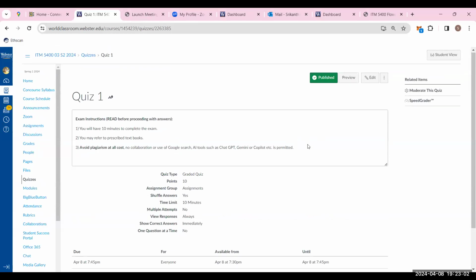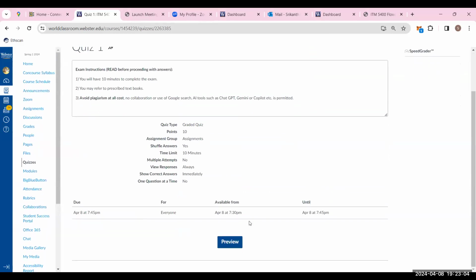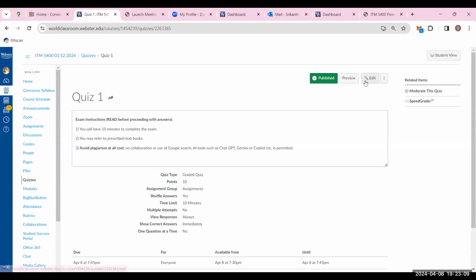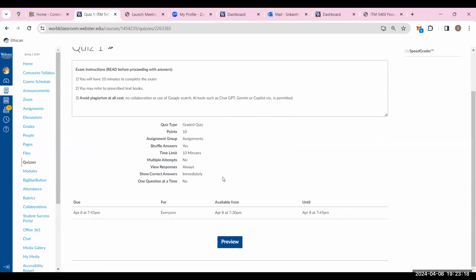For example, I'm faculty, so if I go to the preview, it will work for me. But if you try to start it, it probably will not work until 7:30 p.m. And it's going to end at 7:45. If you have any questions, I'm here for another few minutes, okay? And after that, it's all you.